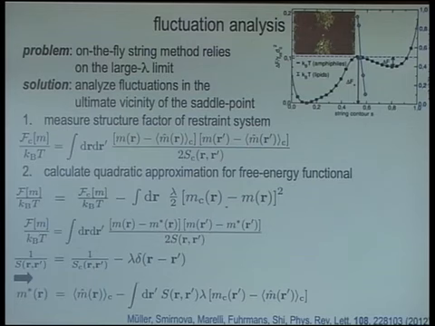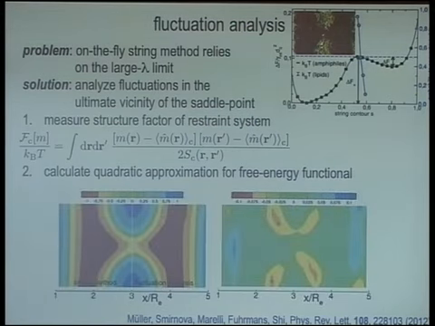So there's another way: if you're in the vicinity of that, you can of course use the density fluctuations in the restraint model to back out a quadratic form of the free energy in the original model and use this to find the saddle point. And if you do this, and so these are the formulas of what I just said, you look at the scattering in the constraint model, you back out the scattering factor and the quadratic form of the free energy, and you subtract the umbrella potential, then you get the following.